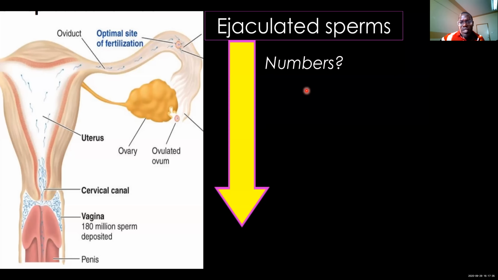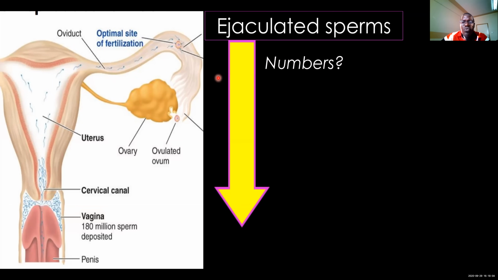First of all, let me tell you about the numbers. A single ejaculate usually has a volume of about 2 to 6 ml. Let's take an average, maybe 3 to 4.